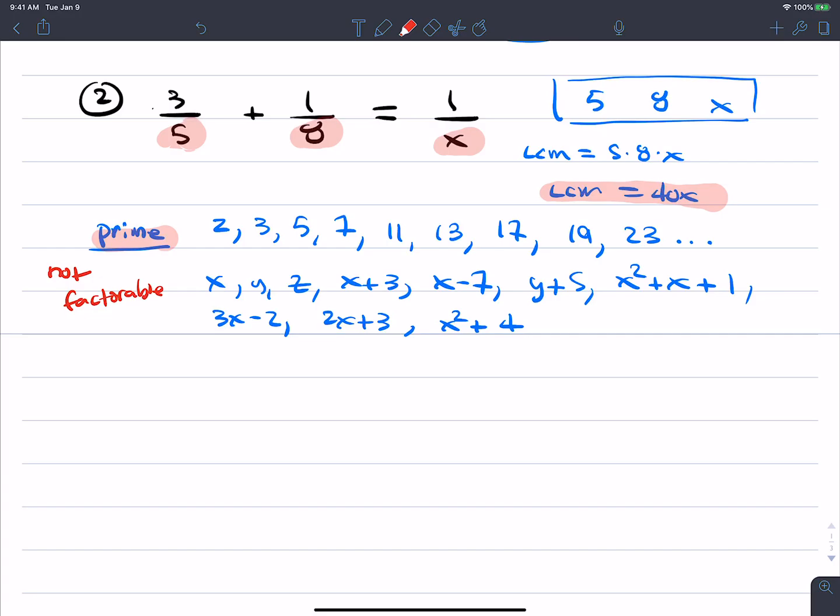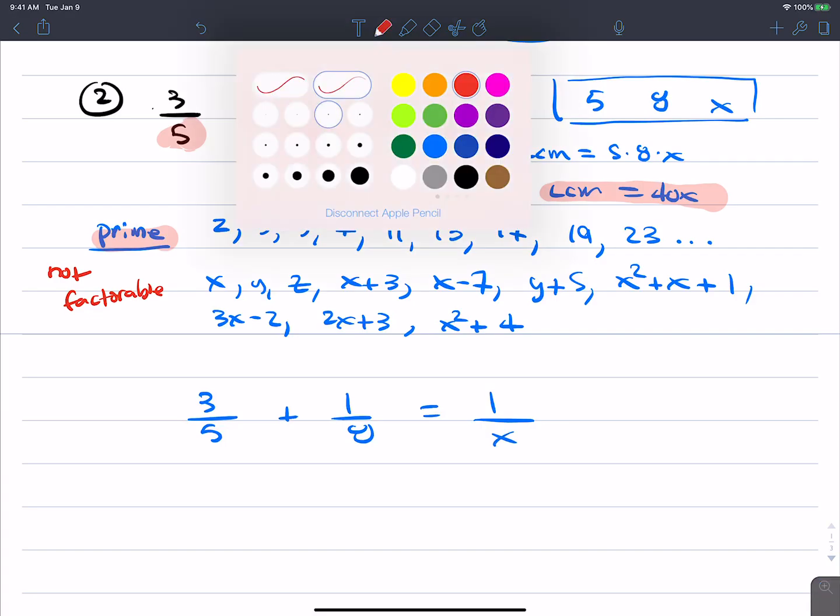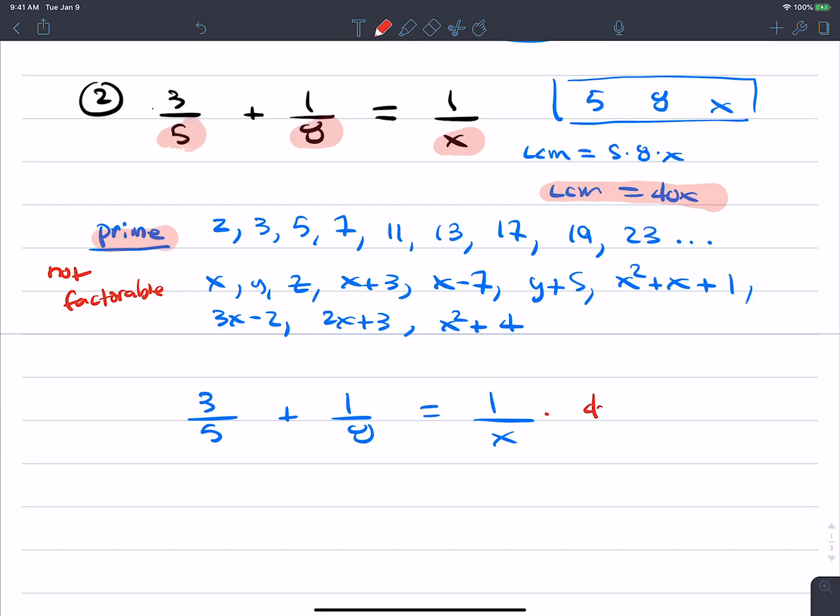So what do we do with that LCM of 40x again? We go back to the original equation, and we're going to multiply both sides now by the LCM. The LCM is 40x. The other side, you get what? 40x. And on this side, yes, we have to distribute.